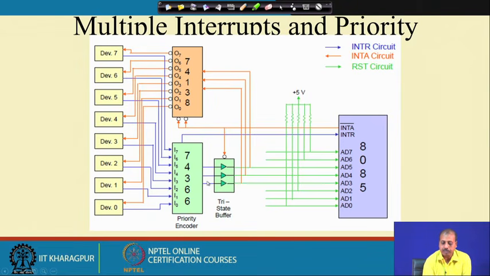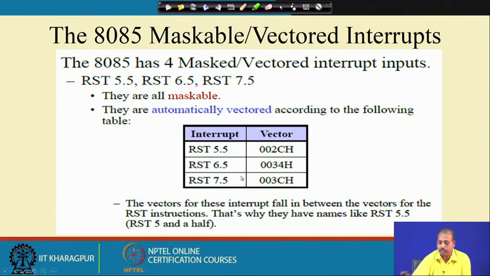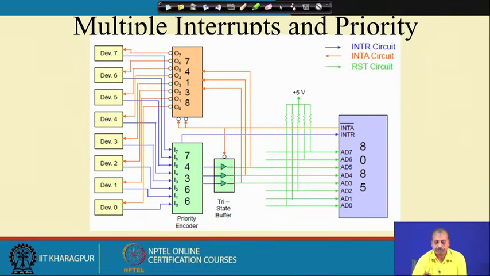As a result, this 3-bit output comes onto this line and connects to the data bus lines D3, D4 and D5, and the rest of the lines are raised high. Now, this 74366 has got an interrupt line. This interrupt line gives this INTR signal, which is connected to the 8085.